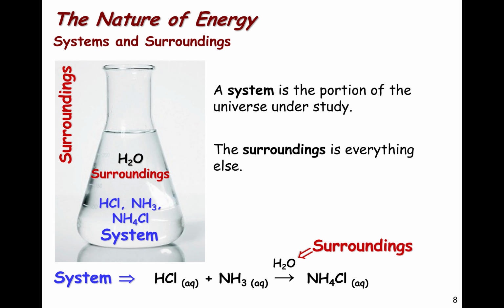So it turns out then that symbolically in our reaction, the water, which is acting as our solvent, is part of our surroundings. So from a chemical point of view, the universe is comprised of two things: the system and the surroundings. And energy can be transferred between the system and the surroundings.